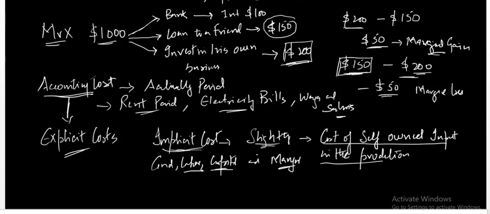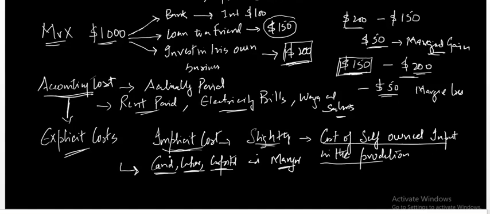If someone owns these factors of production, say a person owns the land and uses it to carry on his own operations, or he himself goes and works in that business, or he gives the capital to that business and then manages the business himself, in this case he is losing the opportunity of giving this land on rent. He is losing the opportunity of working somewhere, and he is losing the opportunity of investing his capital. Such costs are known as implicit costs.